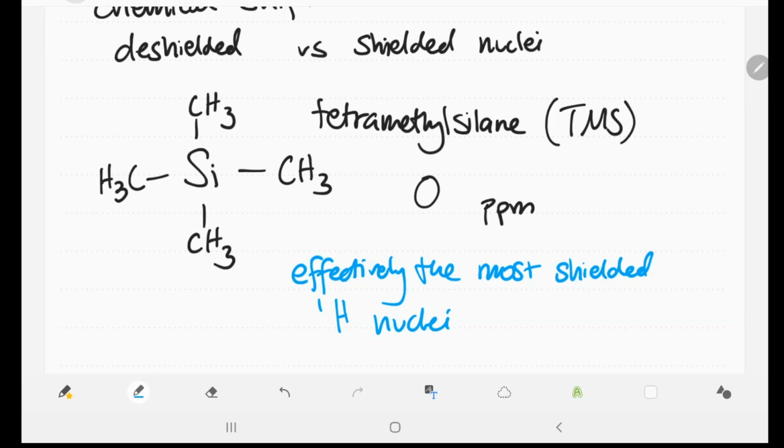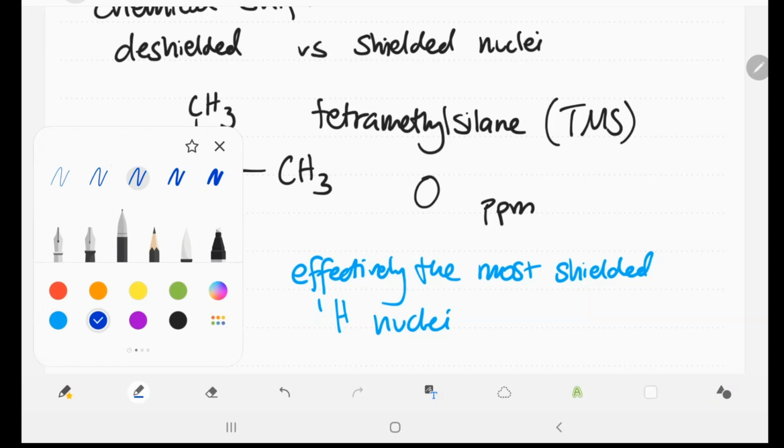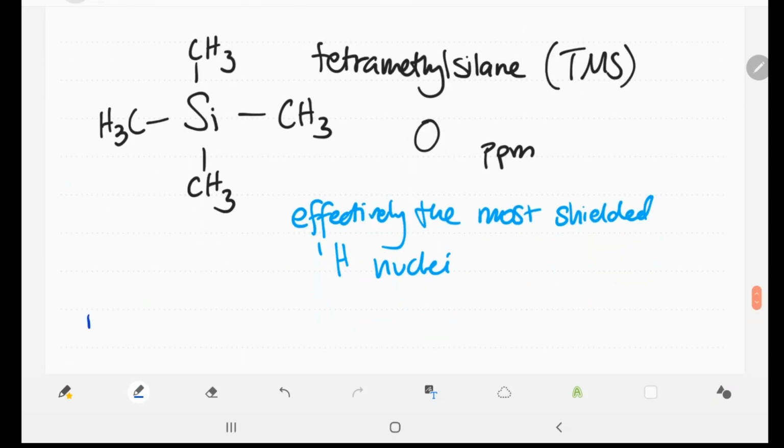There's nothing in here that's going to be taking their electron density away or anything like that. These are going to be the most like normal nuclei that we have. And so we set this to 0 ppm, parts per million. We're going to see where that unit comes from. So we set this as our 0, and we're going to say that anything more de-shielded will have a larger chemical shift.